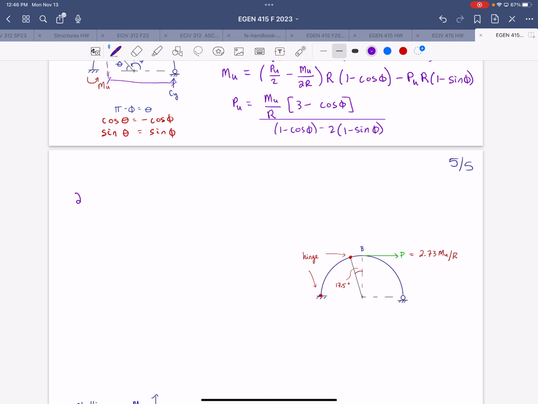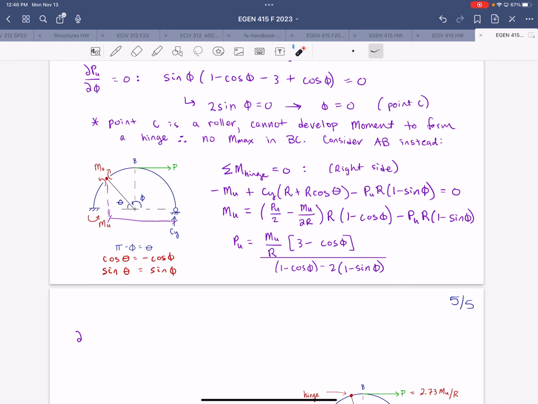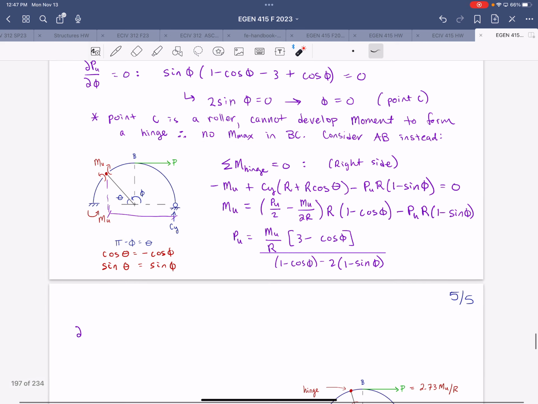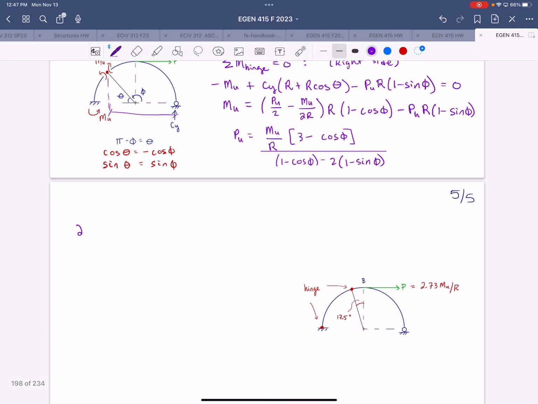What we're looking for, right, when I set up here no maximum moment in BC is that we didn't find a location where phi is equal to something between B and C. So what we're solving here is for a value of phi that would locate the plastic hinge, right? That's where we would have a maximum value. Since we know that the plastic hinge will have the maximum moment, that's why I referred to the maximum moment not being in BC, because there's no plastic hinge in BC.